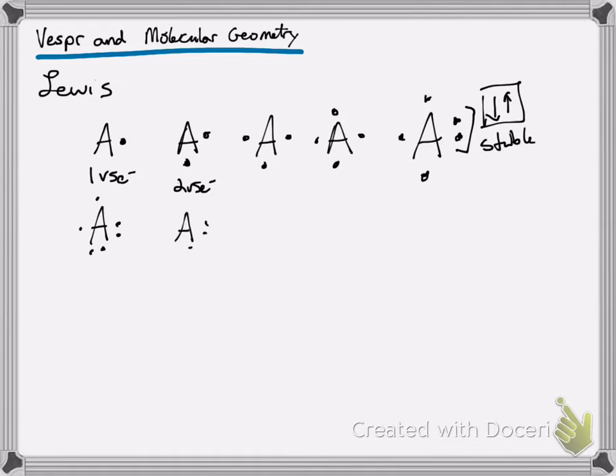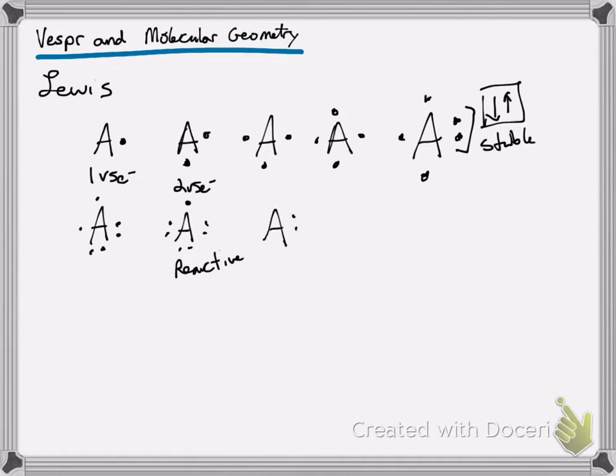With 7, now we're talking. Now we have 3 stable pairs and 1 unpaired. So this one is highly reactive because it's looking to bond, making that one very reactive, just looking to make a bond.